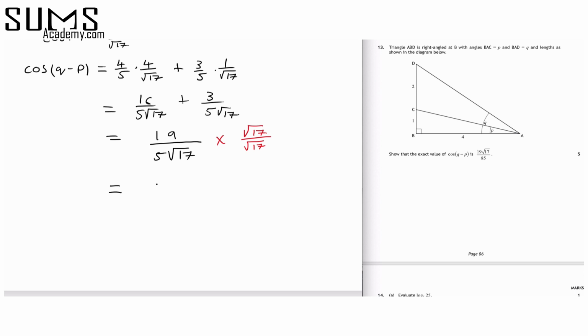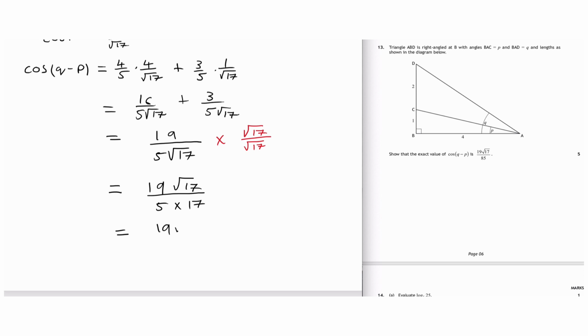So we end up with 19 times root 17, which is 19 root 17 as expected. And when you times root 17 by root 17, you're just going to get 17. So you're going to get 5 times 17, which looks a bit scary again. So remember, this is non-calculator.